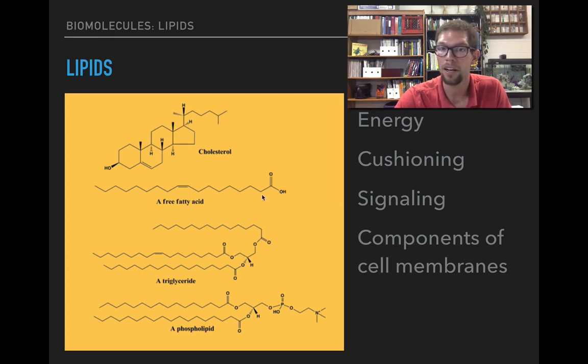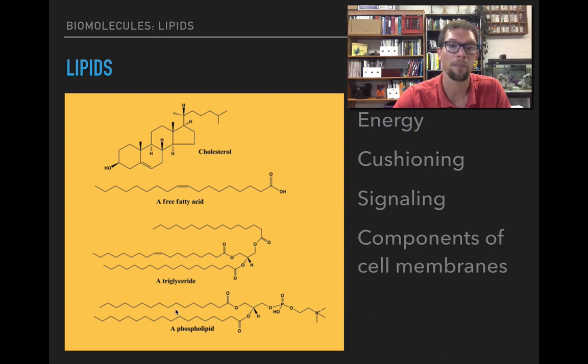You take three free fatty acid molecules together and combine them with a glycerol molecule, and you end up with a triglyceride. So this is going to be an important molecule as far as providing energy needs as well. Both of these provide energy needs for our bodies, and the free fatty acid can act as a signaling molecule on top of that.